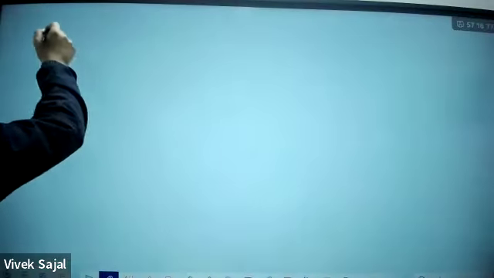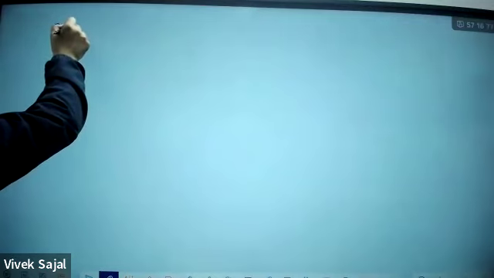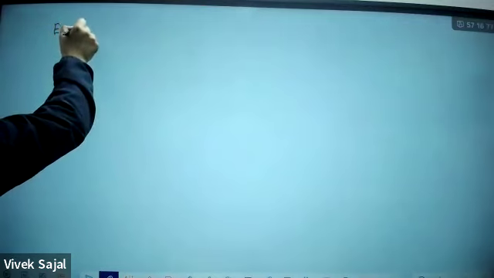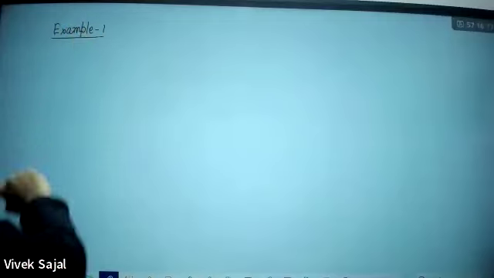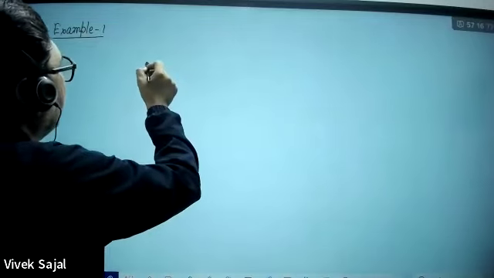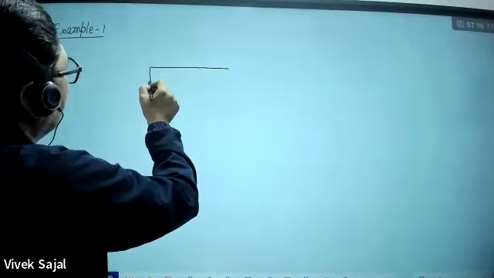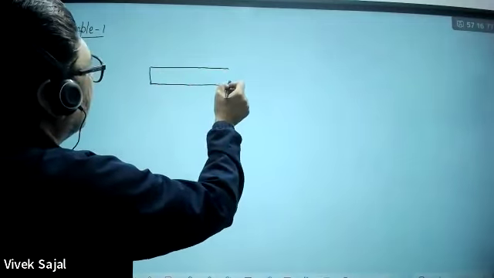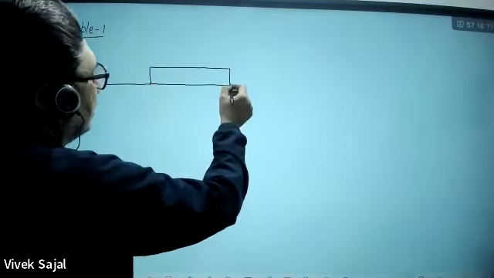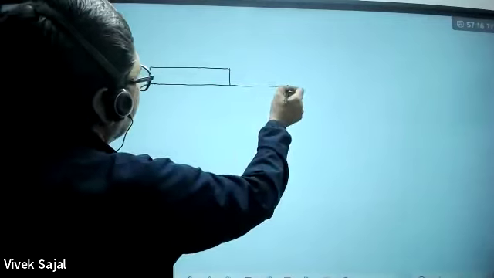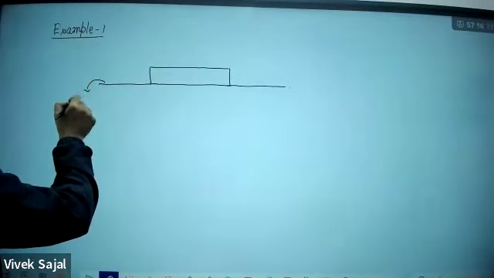A very simple example, example one of non-inertial frames. Suppose you have this block. This is a larger block, and you have placed this block on a surface, and this surface is smooth.